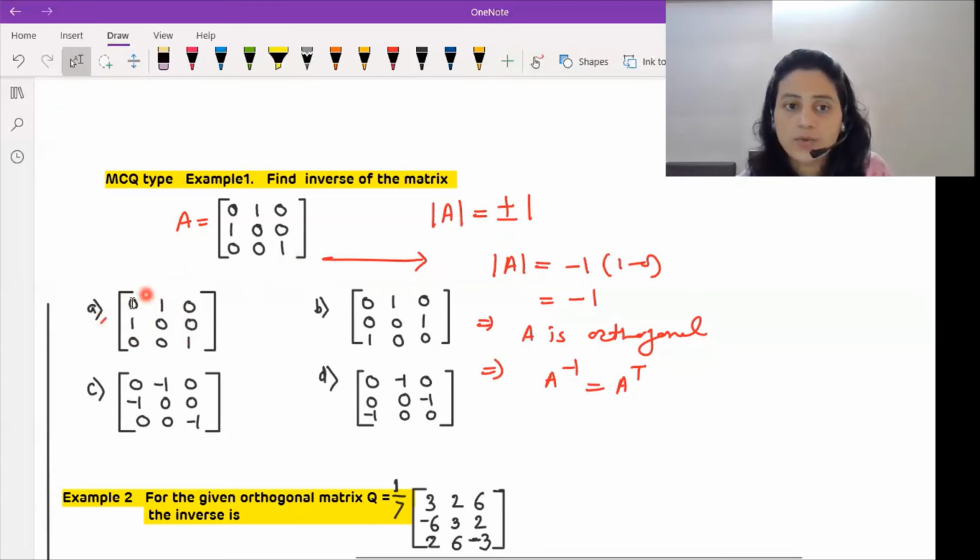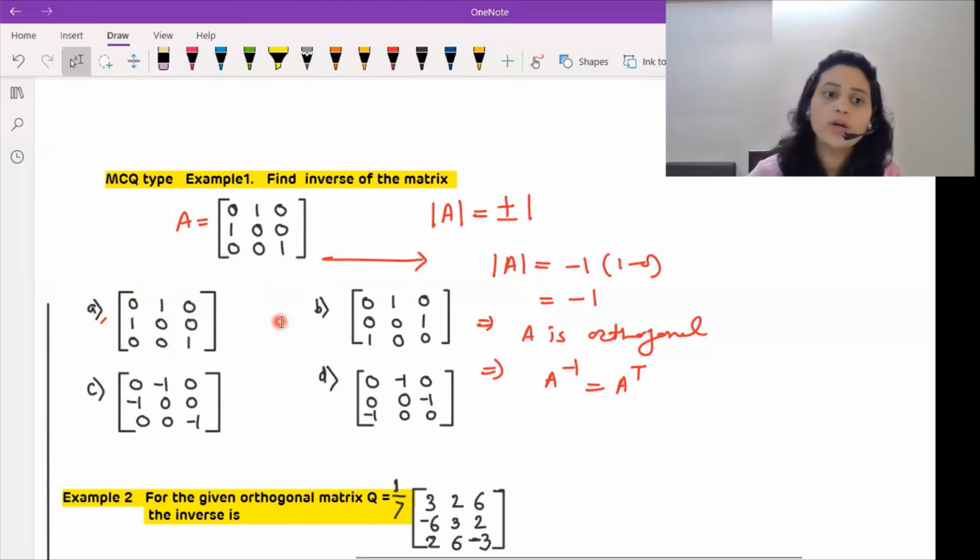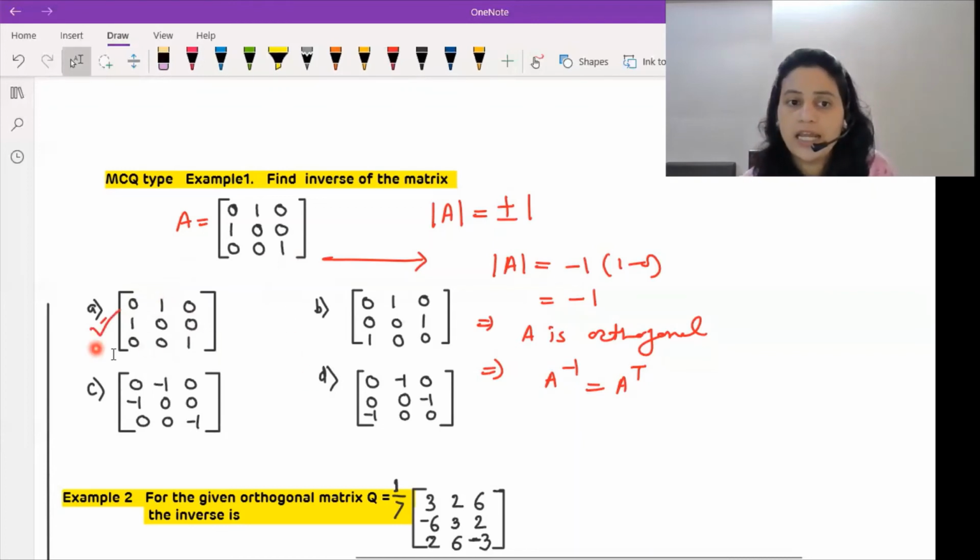So this is the transpose of the given matrix A. So A is my answer. Option A is nothing but the inverse of the given matrix. So we have solved this example by using the third property of the orthogonal matrix.